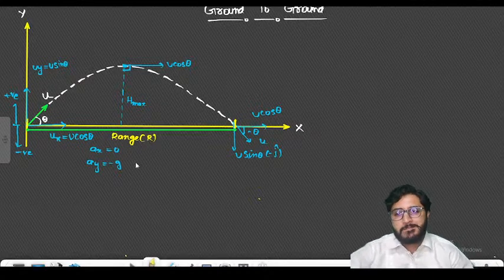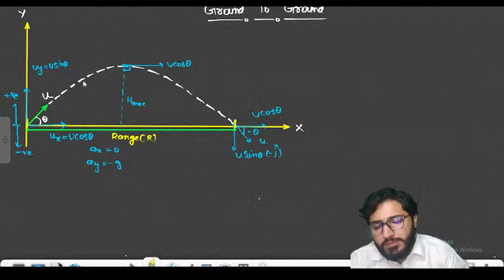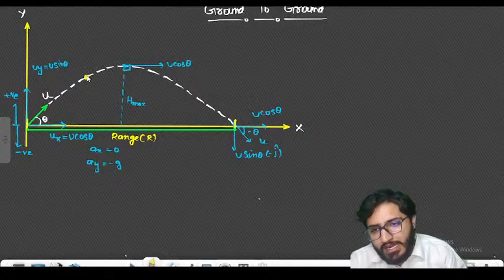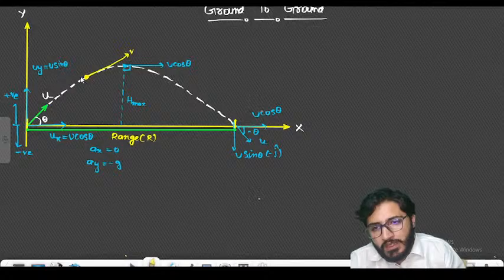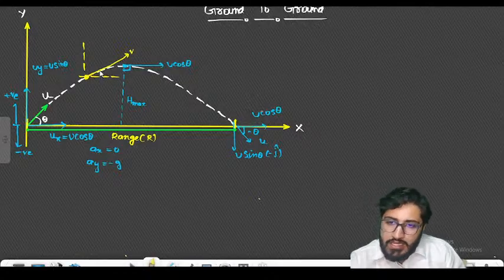Okay. Look here. Let us suppose at time t my particle is here, at any time t, with velocity v. So this velocity I will make into two components. Angle, let us suppose alpha. So this thing will always be the same.